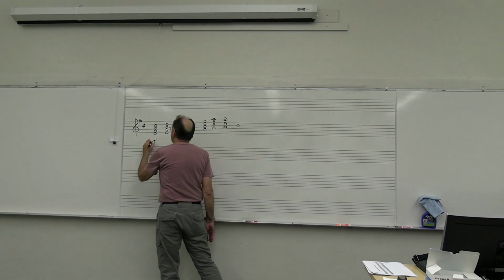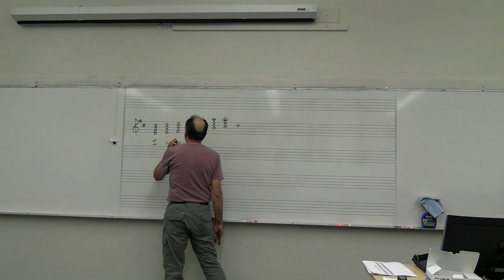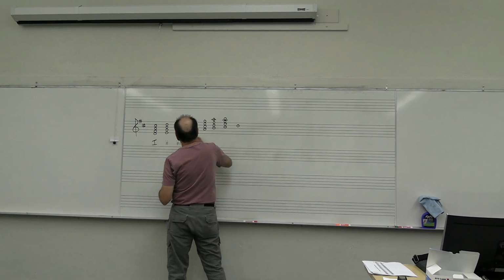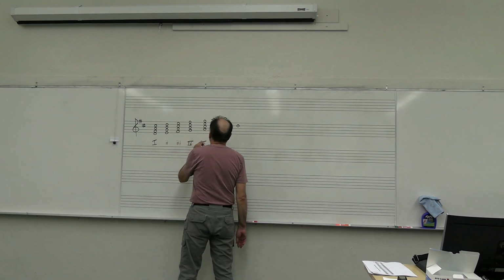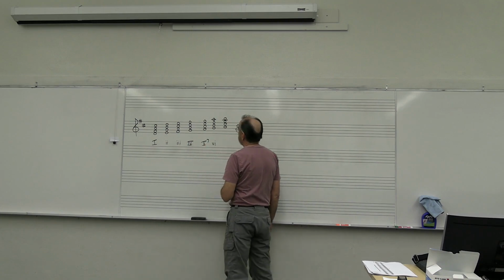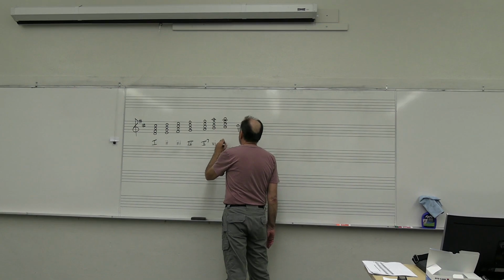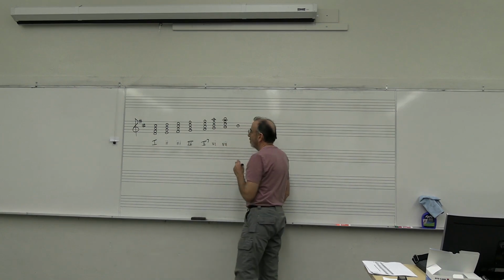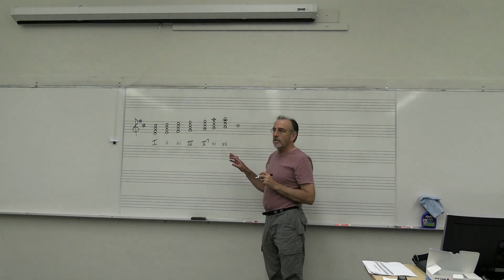So again, it's still tonic, supertonic, mediant, subdominant. There's my dominant 7th. Submediant, and then the leading tone. And all of those are 7th chords, but they're of different qualities.